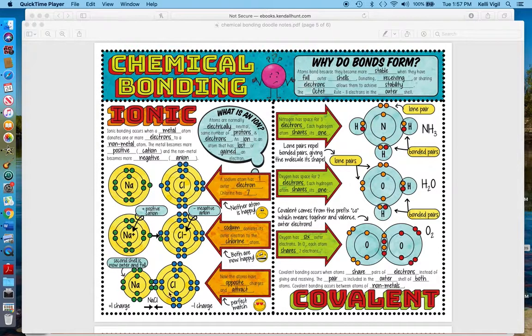Opposites attract and they form a perfect match. My positive, my negative, ka-ching, and we get an ionic bond of sodium chloride. So that's our quick review on ionic bonding.